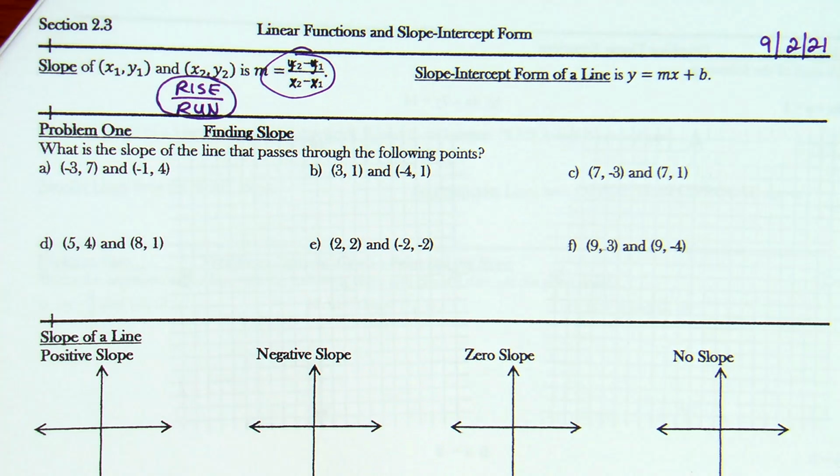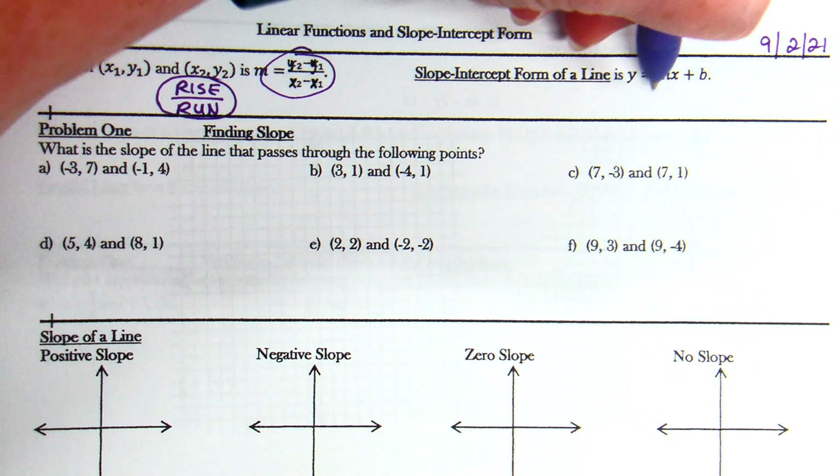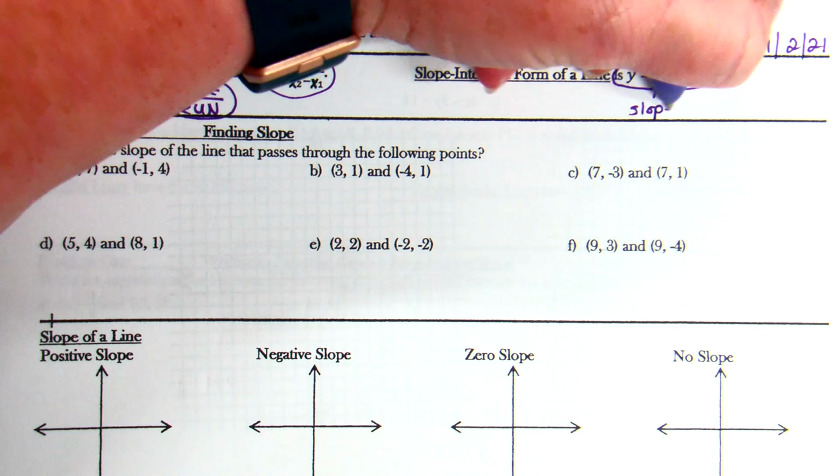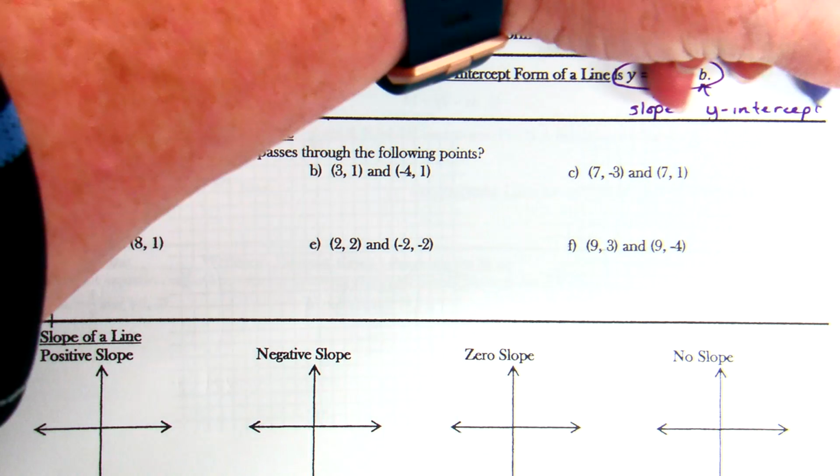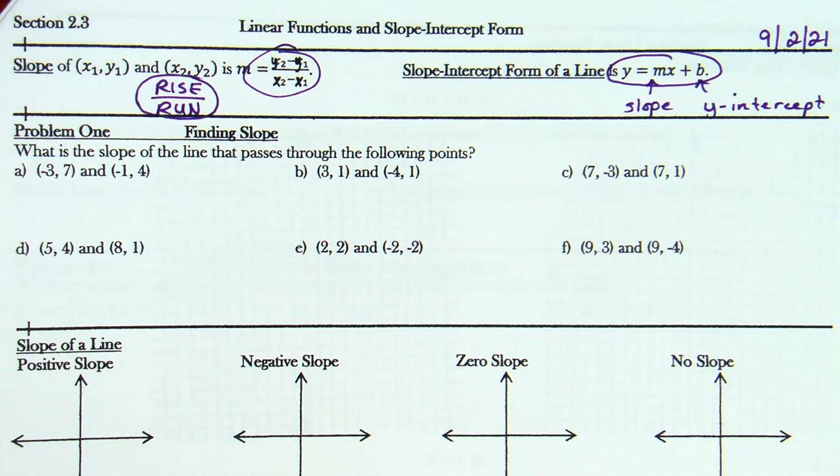No, I know you didn't see it, so it's fine. b is the y-intercept. Okay? So when we talk about y equals mx plus b, x and y are variables. m is slope. b is y-intercept. I am hopeful that that sounds familiar. I'll write that in. m is slope. b is y-intercept. Okay?